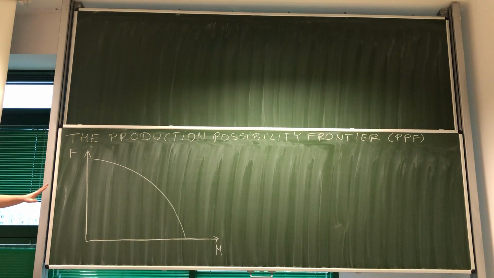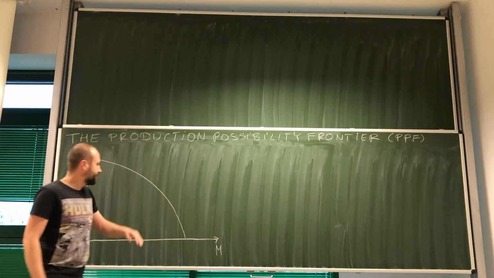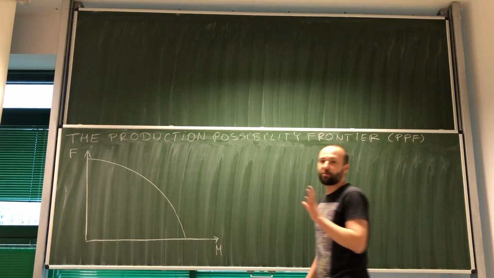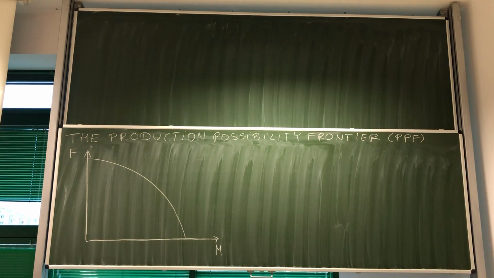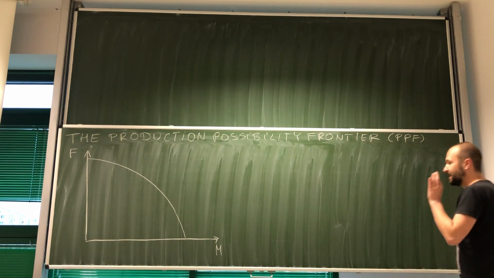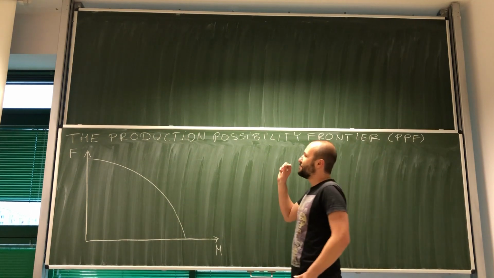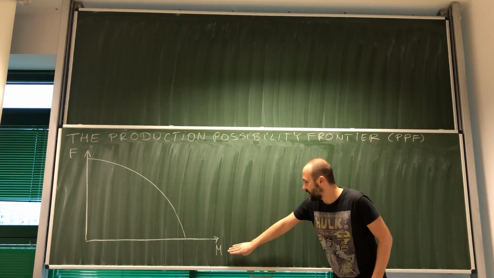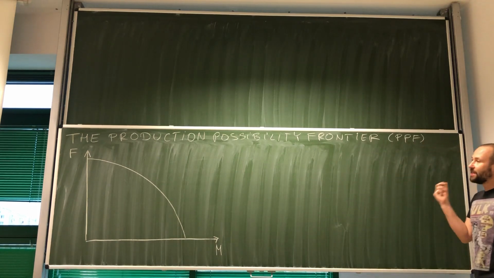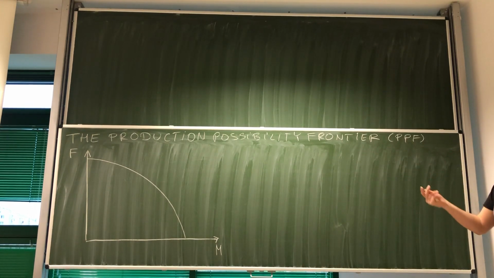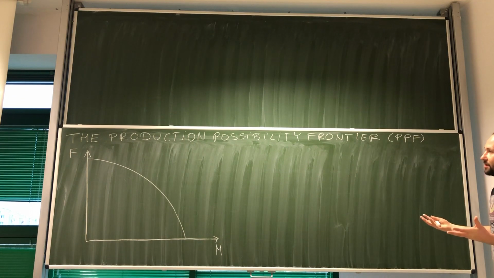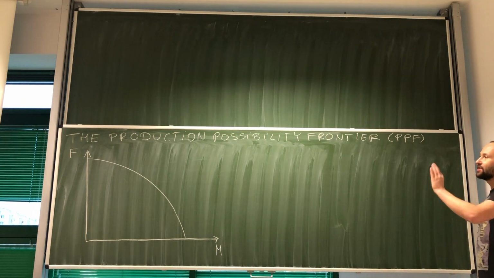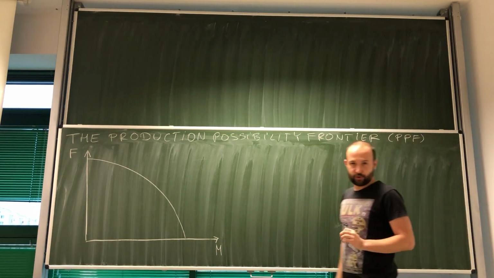Okay, so let's remind ourselves at the beginning, what does it mean? Look, the production possibility frontier gives you the maximum amount of one good, for example manufacturers, that the producers can actually produce given some level of food production.